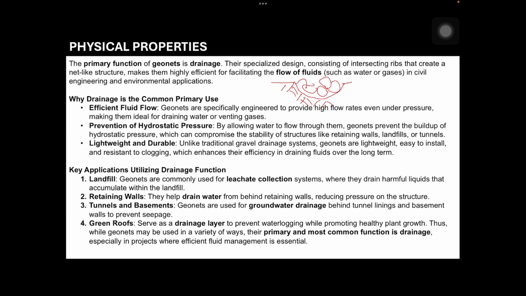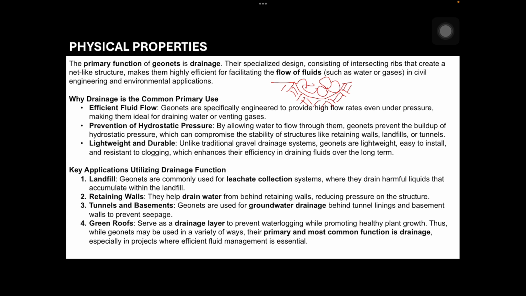That's why we put drainage system sa ilalim, sa pinakailalim sa base ng landfill, and then lalagyan pa na that is to contain yung chemicals and also para ma-drain sila properly at hindi mapunta sa ground.